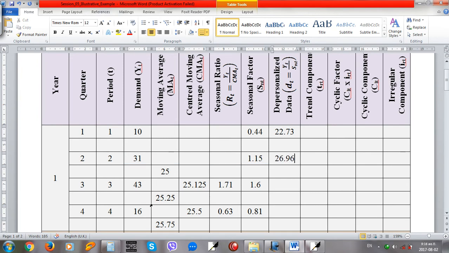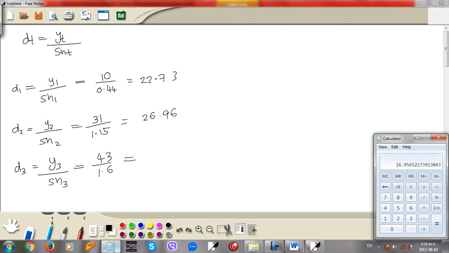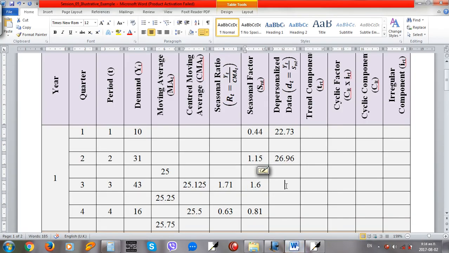Then we can find the other value, that is d3, equals y3 over sn3. Then y3 is 43, sn3 is 1.6. Then 43 divided by 1.6 comes as 26.875. It means 26.88. So we can add this one, 26.88, right? It means you can find the deseasonalized data by using the value in this column divided by the value of this column.